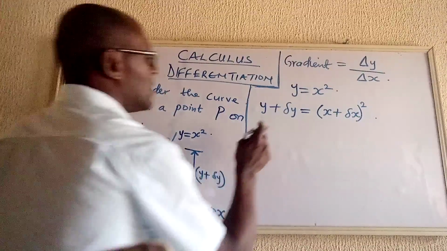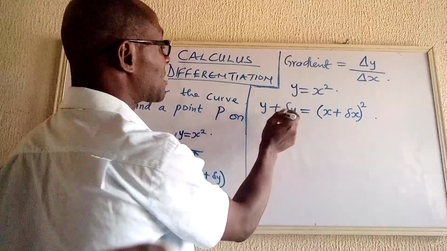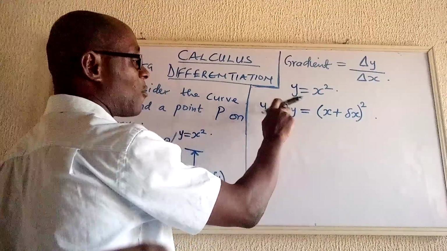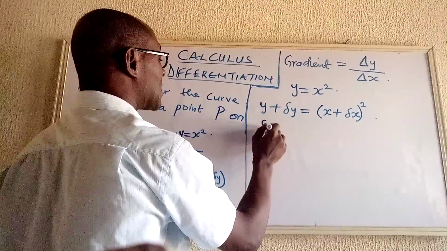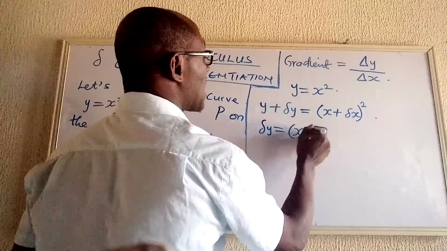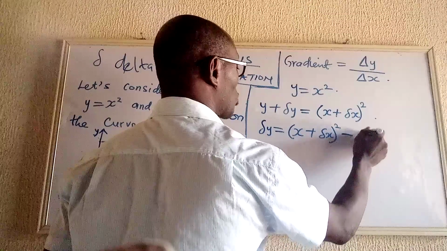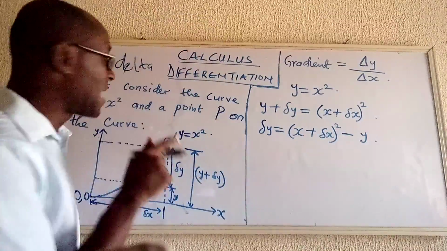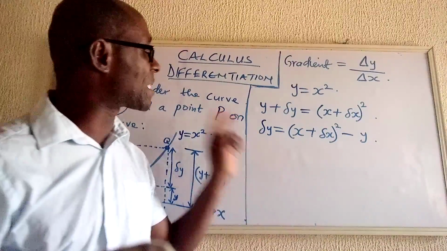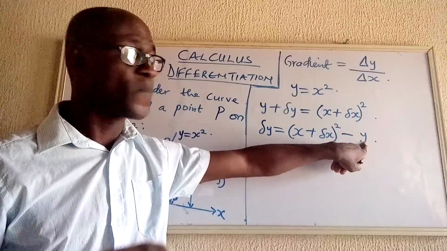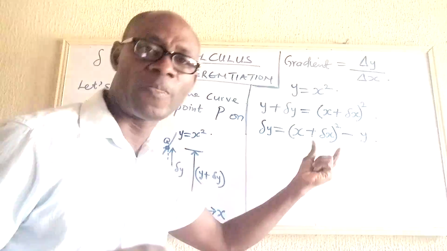Now, let us transfer y to the other side and leave delta y, because it is from the idea of delta y that we are going to get the gradient. Delta y will be x plus delta x all squared minus y. But do not forget that y is equal to x squared. So I'm going to use x squared to replace y here. While I'm going to expand this, you can be doing the expansion on your own.